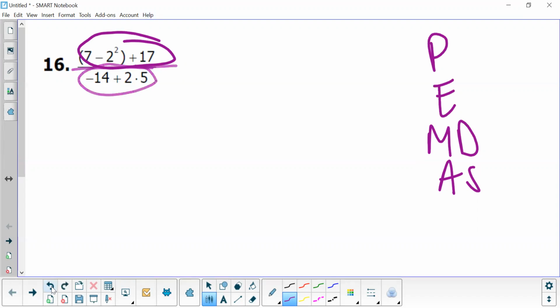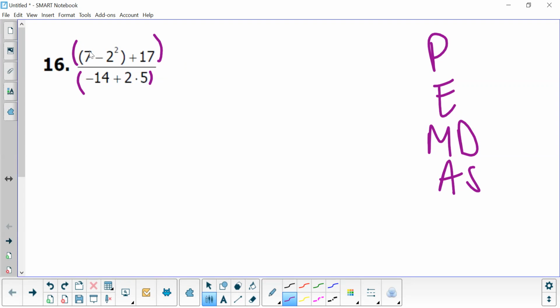So you want to think of it as there's additional grouping symbols around the numerator and additional grouping symbols around the denominator. That way, you know that you need to solve everything on top first and then divide it by everything on the bottom second. So still go in the order of your PEMDAS.